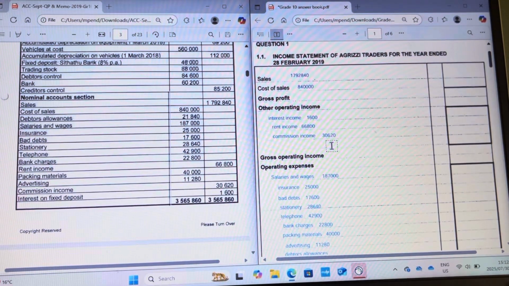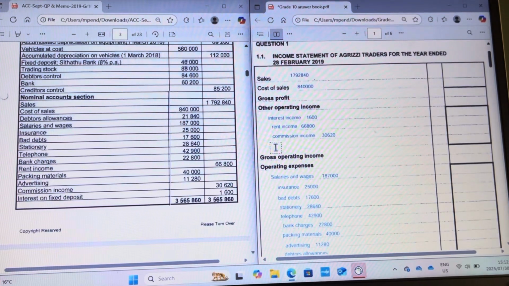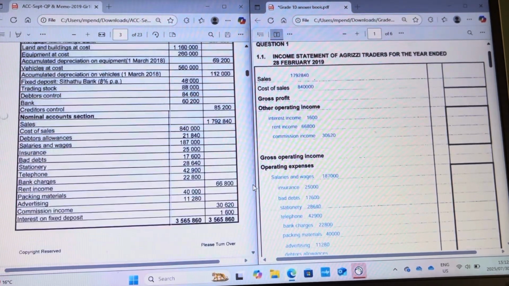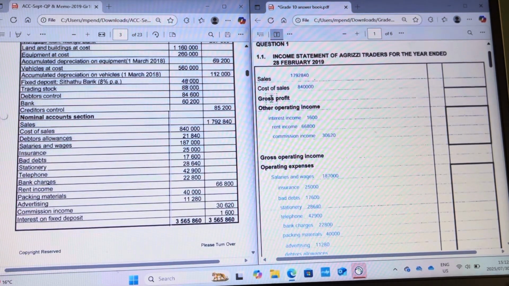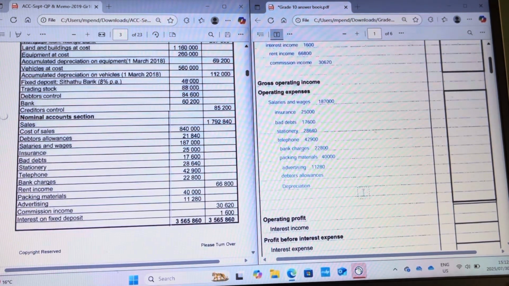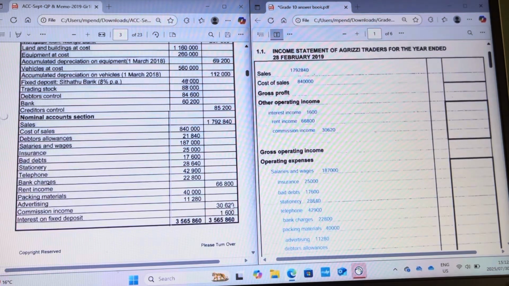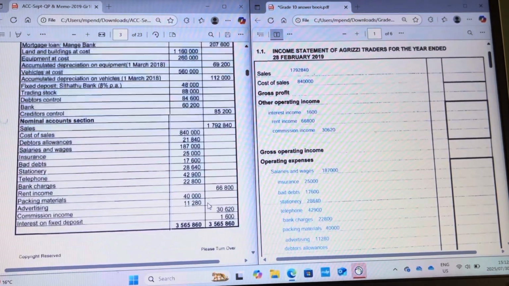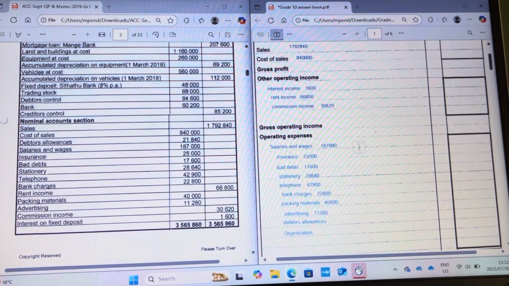So a hack, guys, if you're struggling to know which amounts go in the income section and which amounts go in the expenses section. Generally, when you're given a trial balance, the credit amounts under your nominal section come up onto your income section, and your debit amounts go to your expenses.